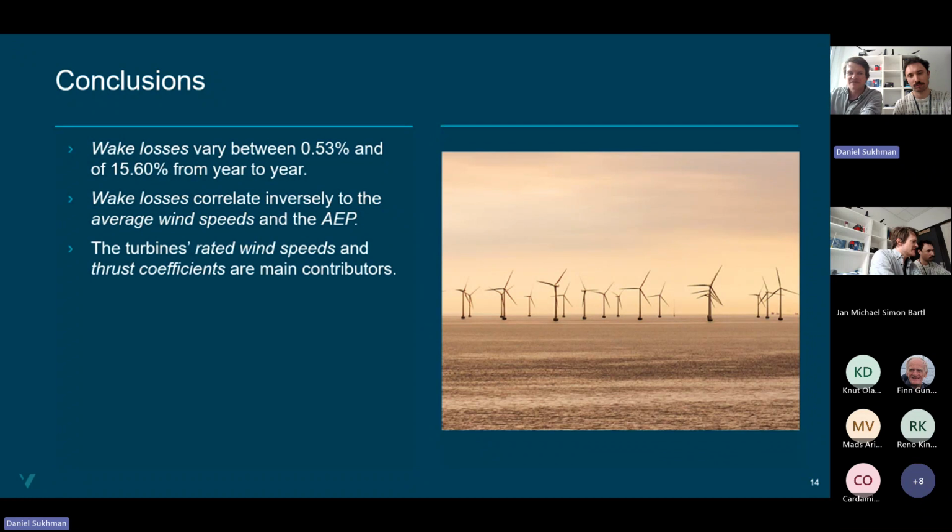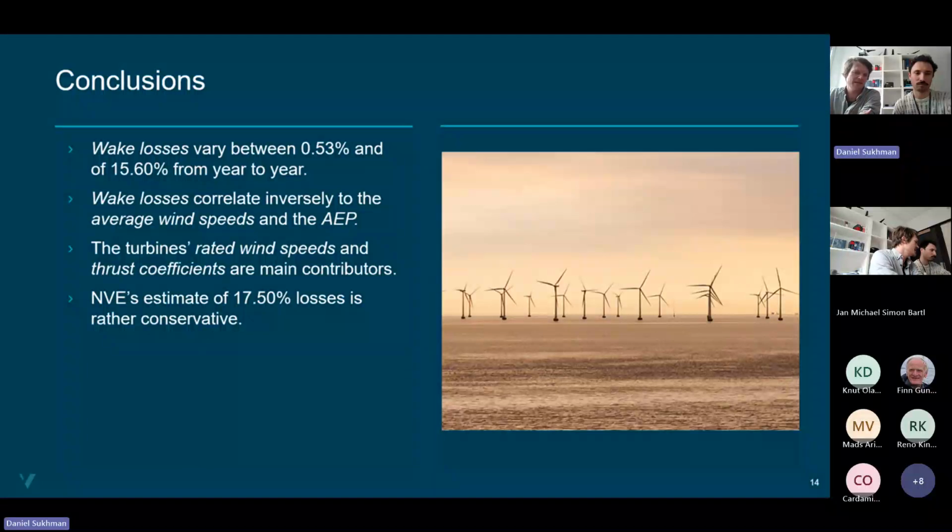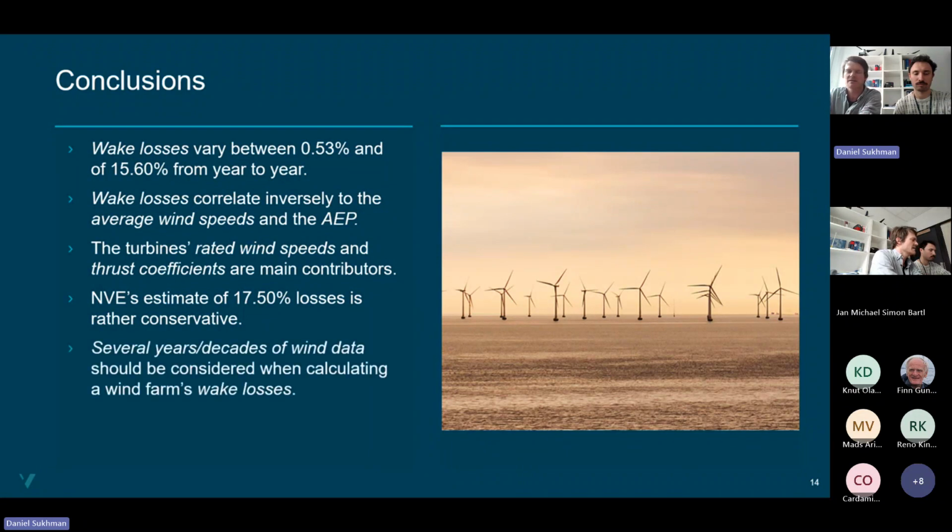The main influence factors that we identified are which turbines were picked, the limits of rated wind speeds, and also their thrust coefficient. Those are the two factors that we identified as the main contributors for those results. What we can also say is that the estimate of 17.5% losses from NVE is conservative, but also realistic. Our calculations showed lower wake losses, but again, there is a strong variation to that.